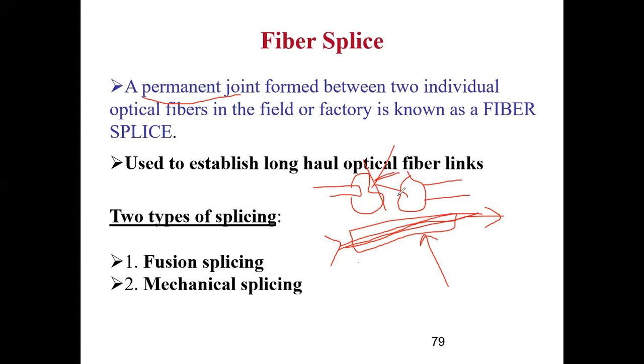Suppose this is my transmitter and this is my receiver. Here at the terminating equipment, I will have a connector at the start. But in between, when I am having the fibers, instead of using a connector, I will use a fiber splice, whether it is fusion splicing or mechanical splicing.